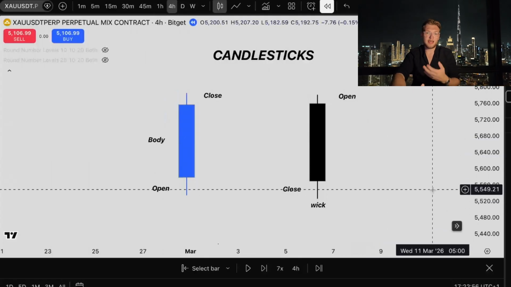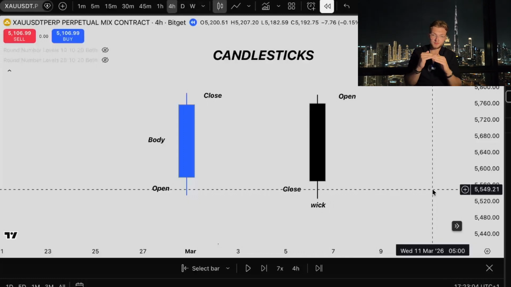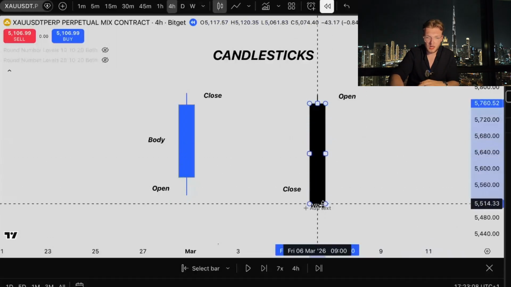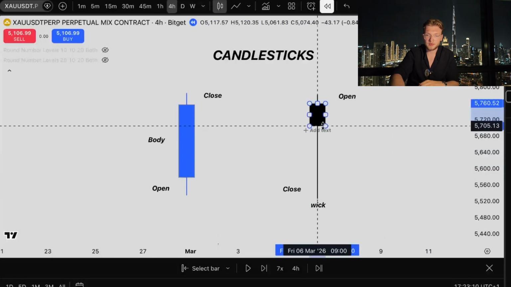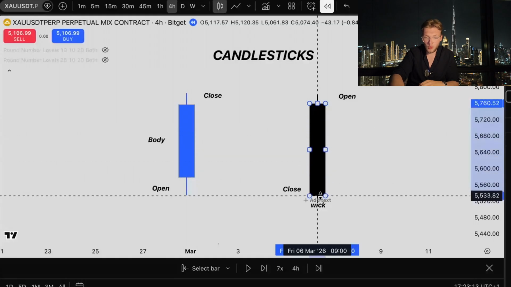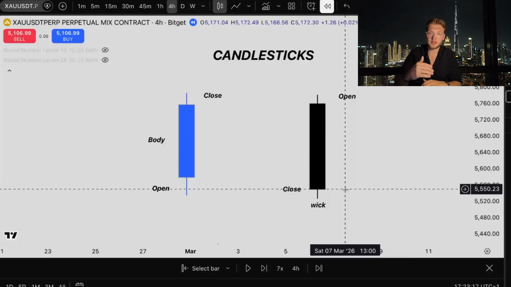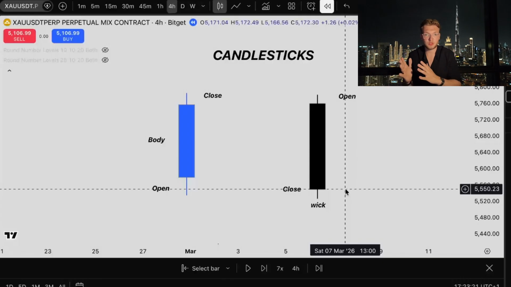What does that mean? When we are in a 4 hour time frame, one candle needs 4 hours to open, then moves for 4 hours, up, down, up, down, and after 4 hours it closes and a new one opens. In a 1 hour time frame, one candle needs 1 hour, then it closes and a new one opens.